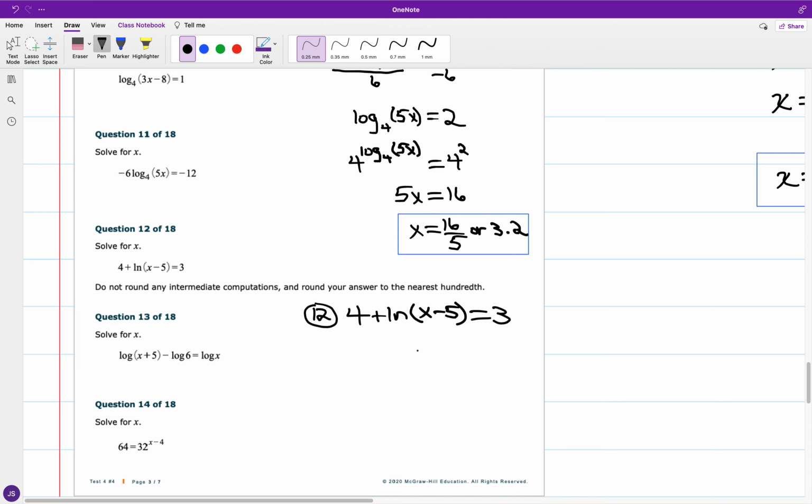Okay, so I can isolate the natural logarithmic term.